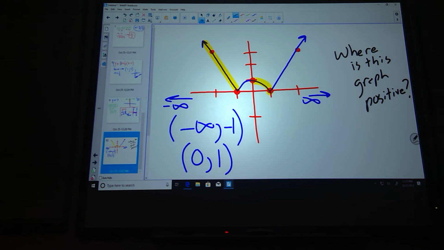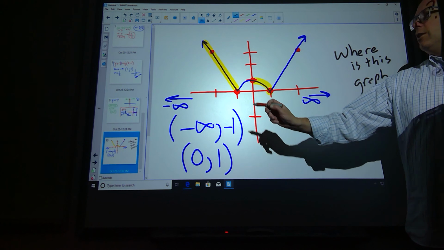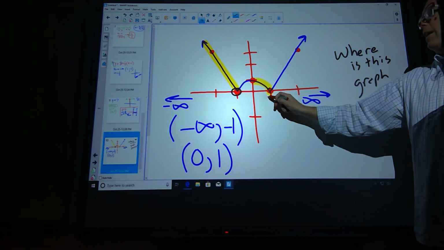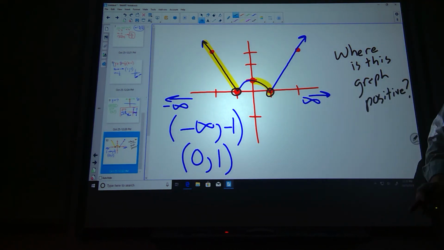I think this entire graph is positive except for at 2 points. But they hit 0. So is 0 positive? No. It's not negative either. It's neither. So right here and right here are the only spots where it wouldn't work.